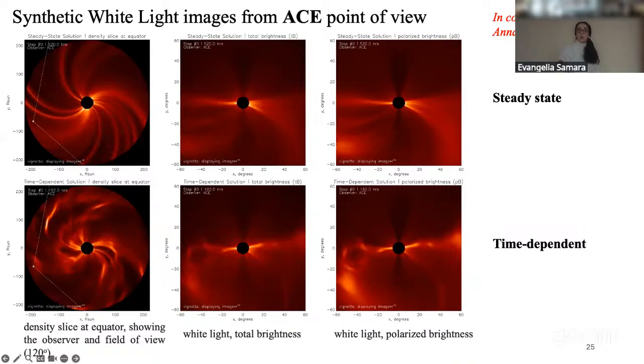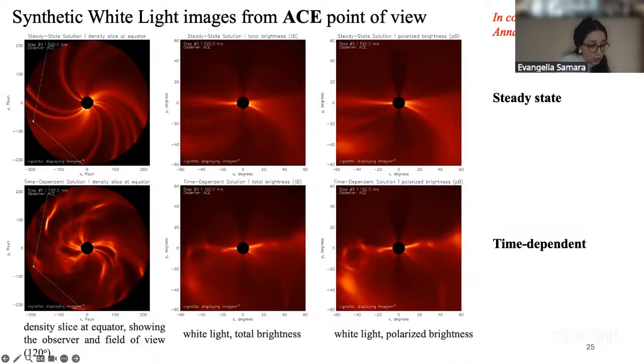You see in the equatorial plane that, again, we deviate from the Parker spiral, opposite to the steady state one, and that we see many more details. The solar wind is much more structured. And all these shades that we see here are actually stream interaction regions, regions with increased densities because of fast flows encountering the slower flows in front of them.